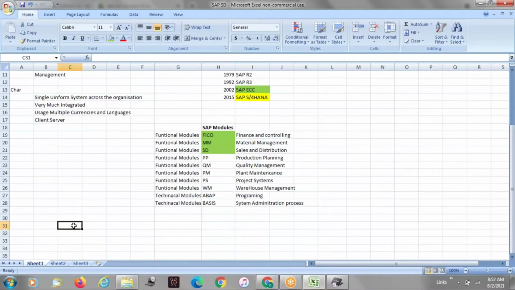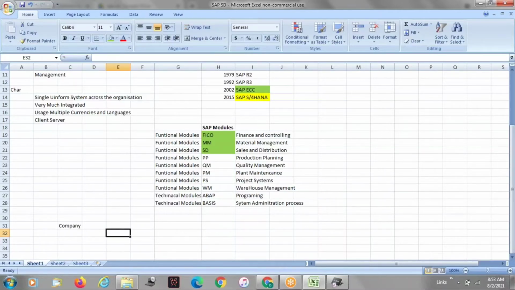Let's say we are the company, and we are implementing SAP, and we are responsible for SD. Now from an SD point of view, what's the first thing that happens?